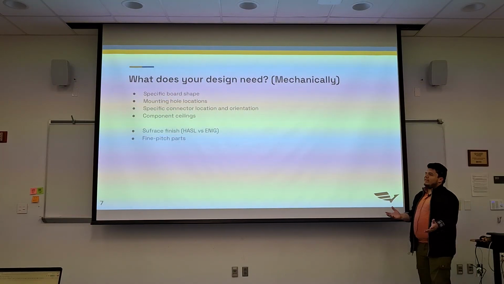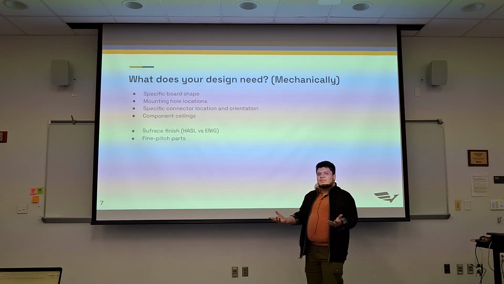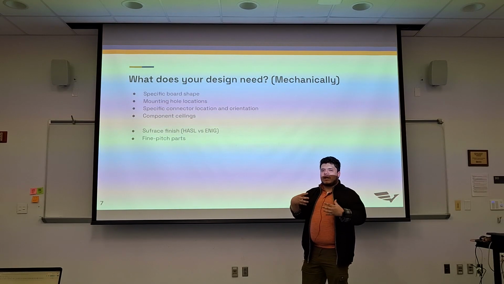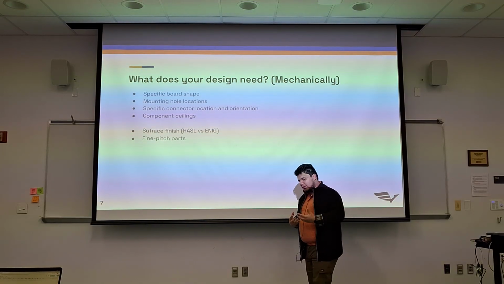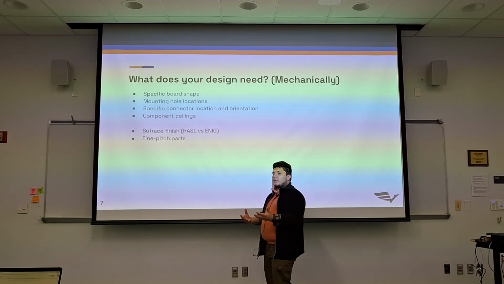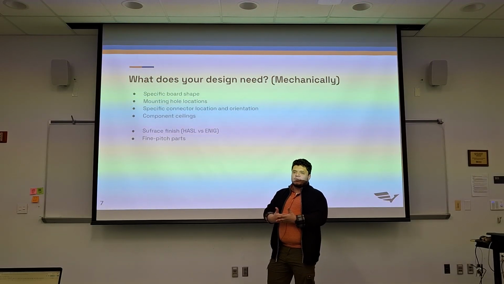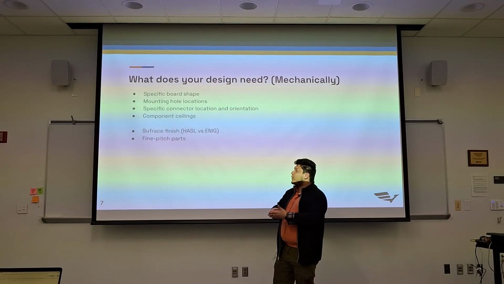We also have, this is a bit of a duh, mechanical constraints as well, right? As PCB designers, we have to work very closely with the mechanical team. The mechanical team knows just how much space we have, and where we can have tall components or where we need short components.